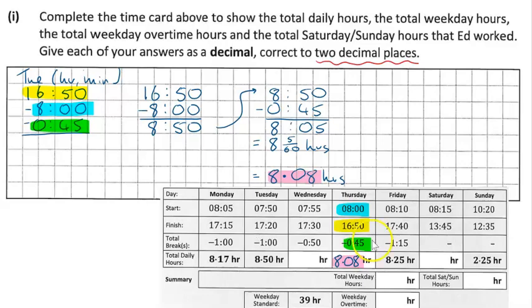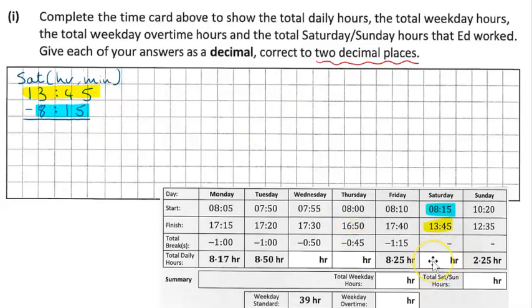So next we're going to work out what goes in this box. Saturday, you'll notice there's no break. So it's going to be 13:45, which is the finish time, minus 8:15, which is the start time. We don't need to borrow any minutes or any hours. 45 minutes take away 15 minutes is 30 minutes, and 13 hours take away 8 hours is 5 hours.